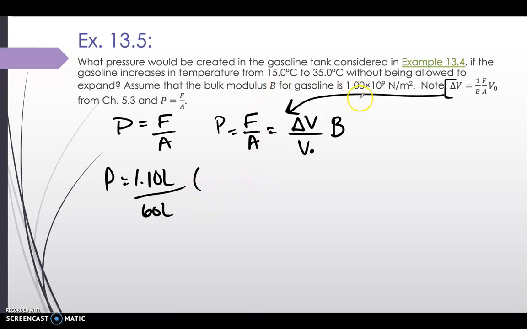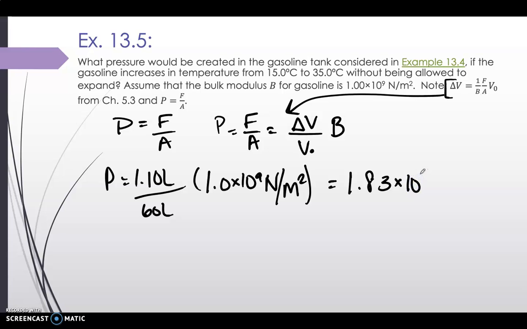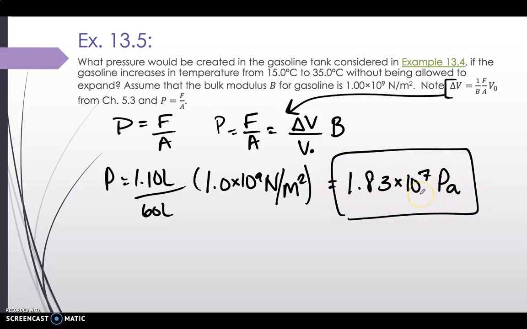And our bulk modulus for gasoline is 1.0 times 10 to the 9th newtons per meter squared. Once we plug this into our calculator, we get 1.83 times 10 to the 7th, and this is in pascals. So this is our pressure.